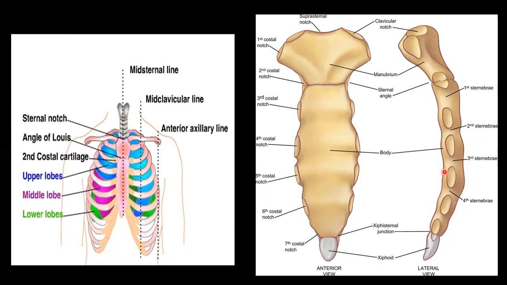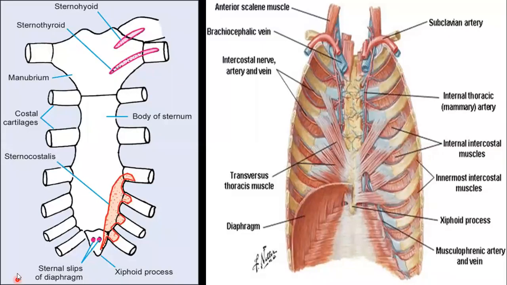Now, when we talk about the muscle attachment on the anterior surface, the muscle attached is the pectoralis major muscle. That is why we say in the manubrium also the pectoralis major is concerned.